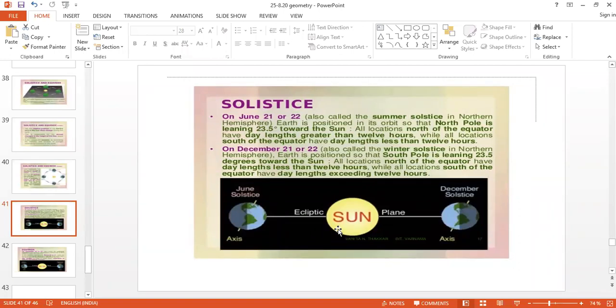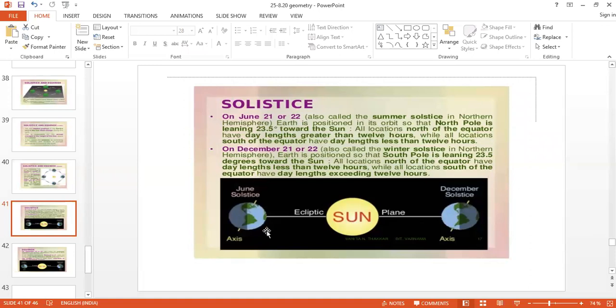All locations north of the equator have day lengths greater than 12 hours, while locations south of the equator have day lengths less than 12 hours. So that means 12 hours daytime and 12 hours night time.